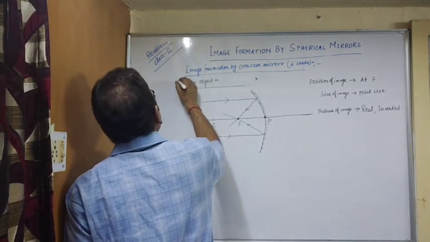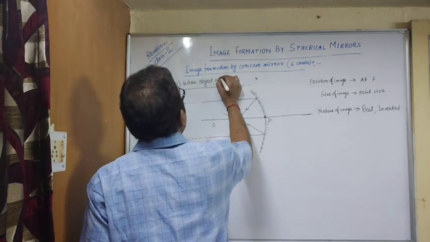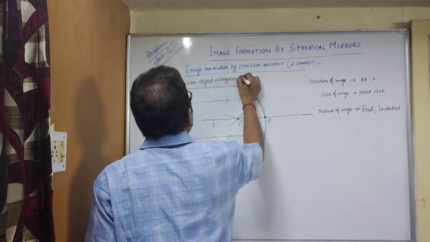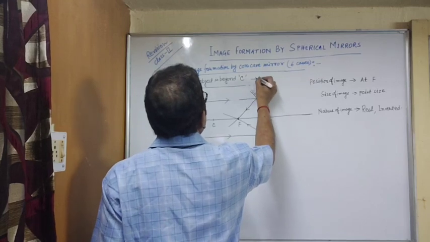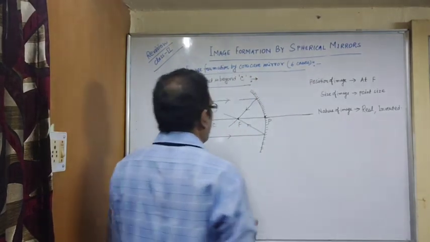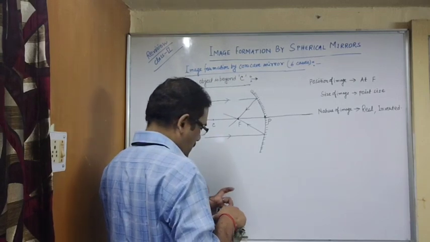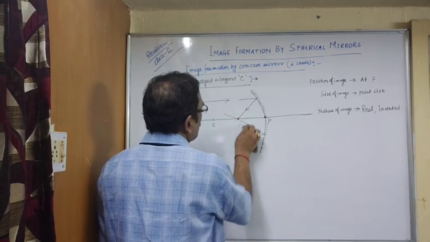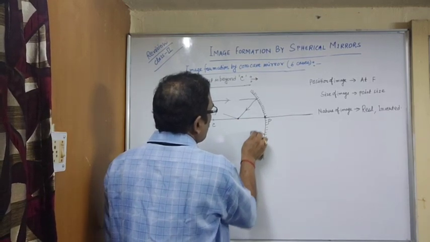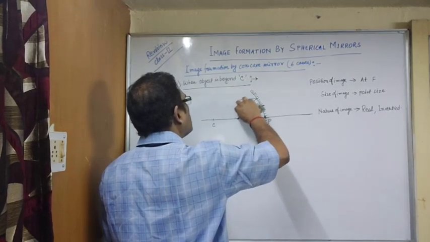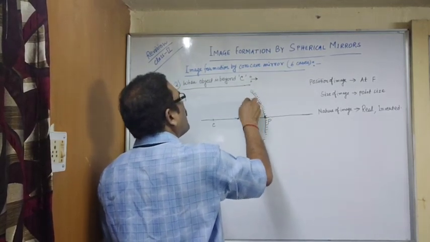Second case when object is beyond C. Beyond C means beyond center of curvature. So again we will draw a ray diagram for it. So this much drawing is common in all the cases. You have to draw a mirror.